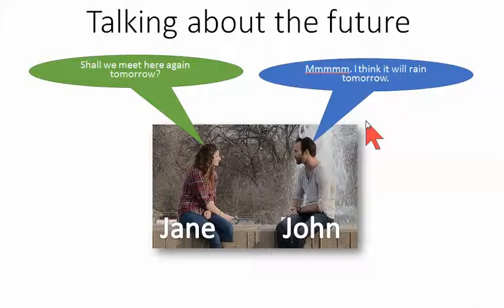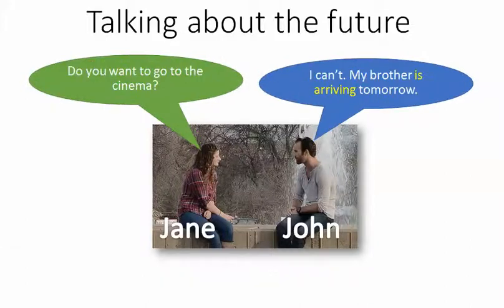And the signal is that he is predicting. He's not sure that this will happen, but he thinks it probably will. It's what he thinks will happen. So the first reason we use will is for predicting the future.